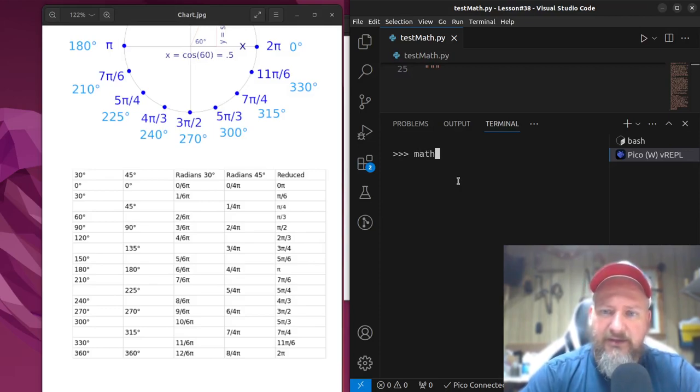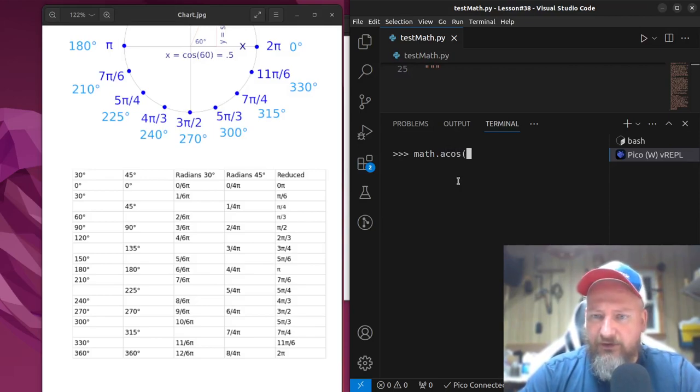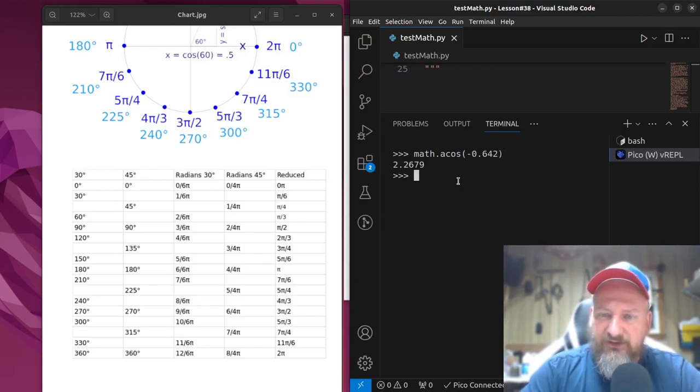We're going to say math.acos, arc cosine, of the x that was given to us, which was negative 0.642, and that gives us 2.2679. Wait, that's the radian? Yeah, that's the radian.